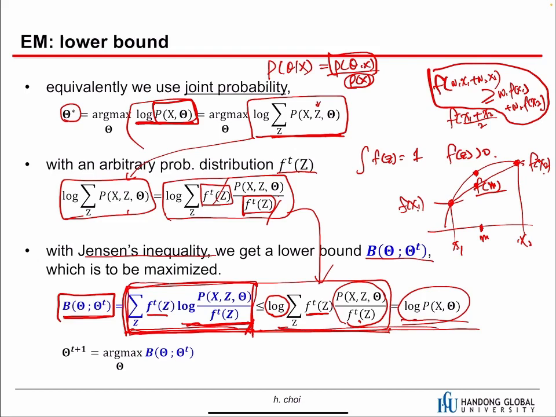Again, this one is a lower bound, so now we're going to maximize it, and eventually the original will go up. So iteratively, every time, given the current theta, we want to maximize this lower bound.